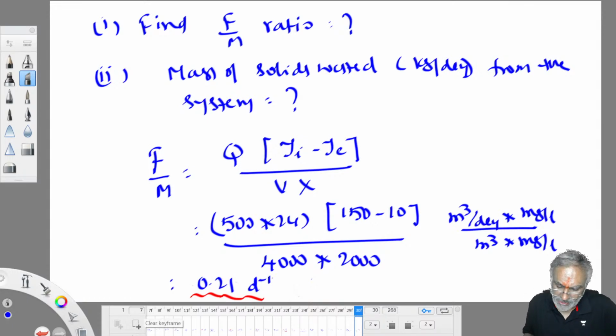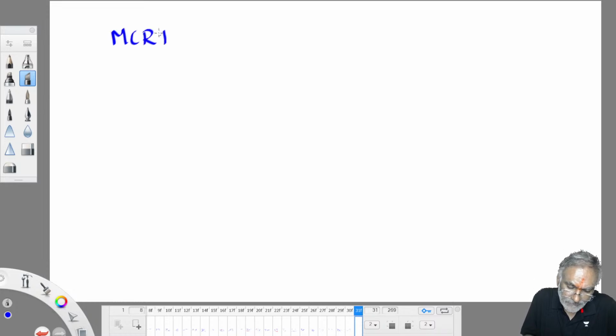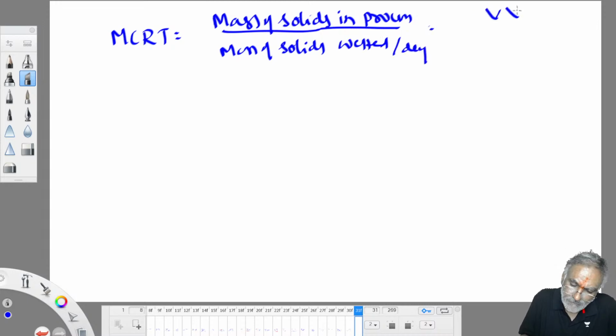Second question, mass of solids wasted. Where is that wasted? QW into XU, XE.